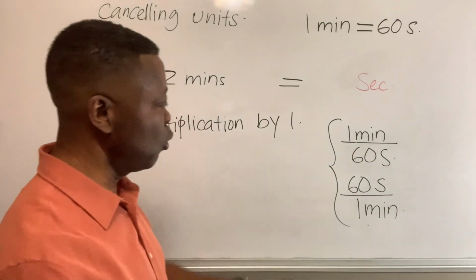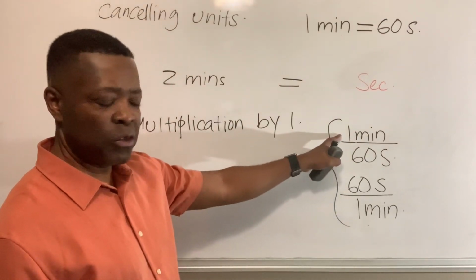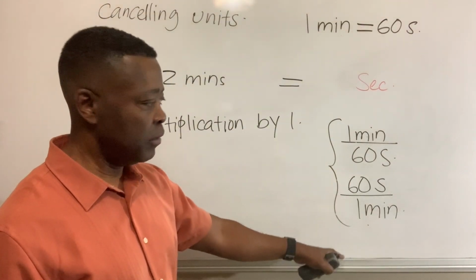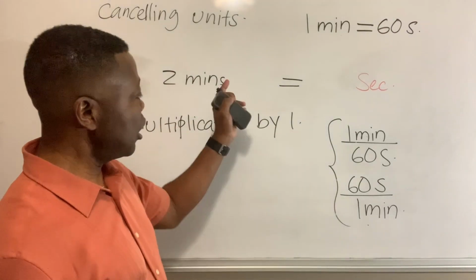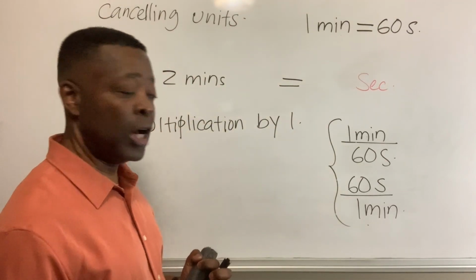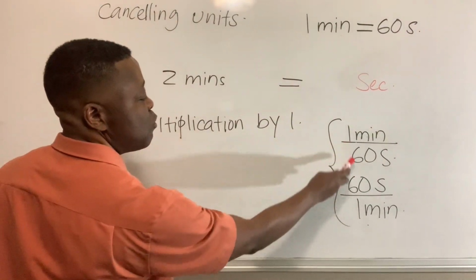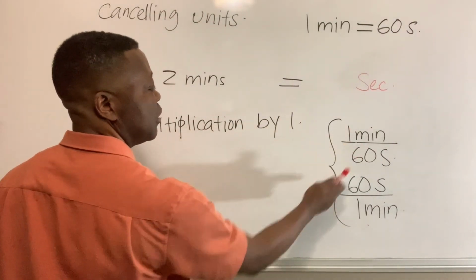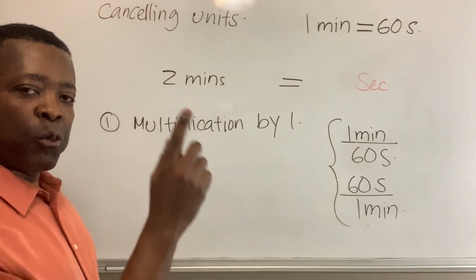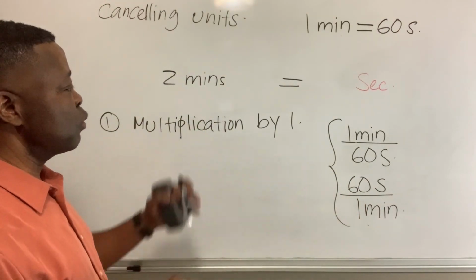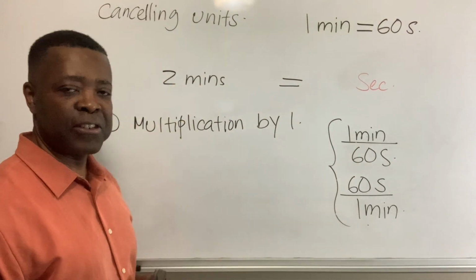I can use one of these conversion factors to solve my problem here. So how do I go about it? Which one do I use? Do I use this one or this one? Now, we're going to be canceling minute because we don't want minute in our answer.